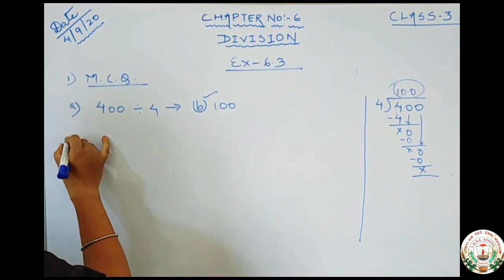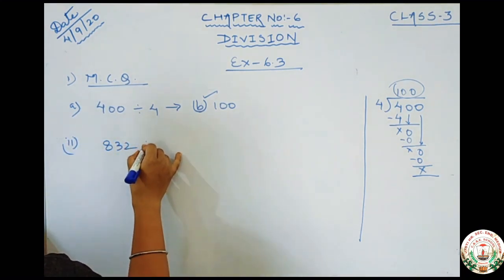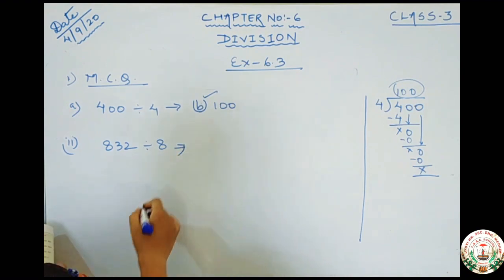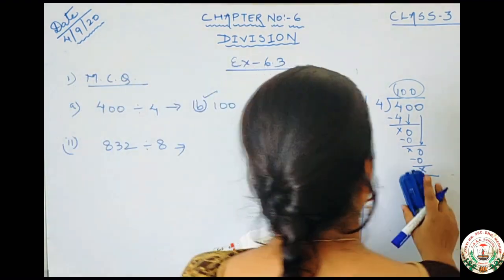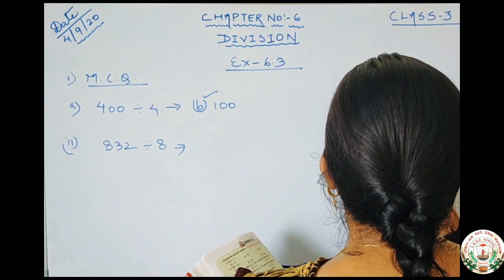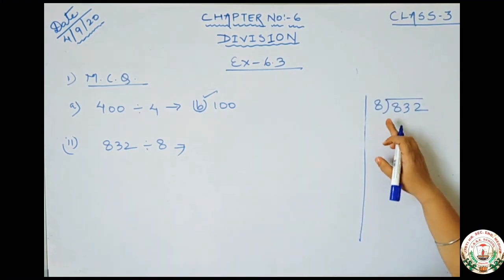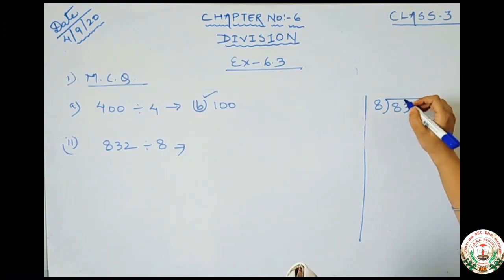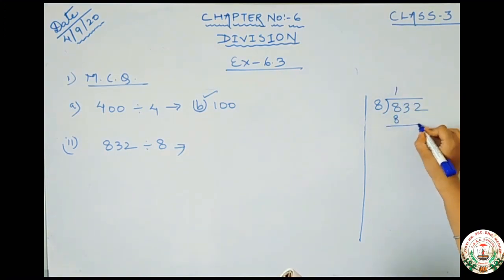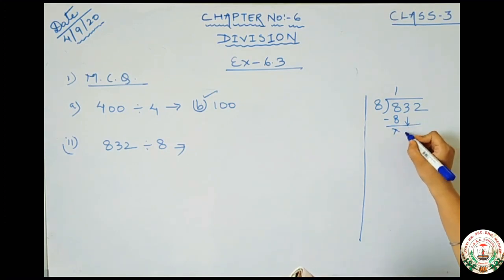Number 2. Second is 832 divided by 8. What is this? Okay, we will do it in our rough work. 832 divided by 8. So in the table of 8, 8 comes, 8 ones are 8, subtract 0. Next number you note down 3.